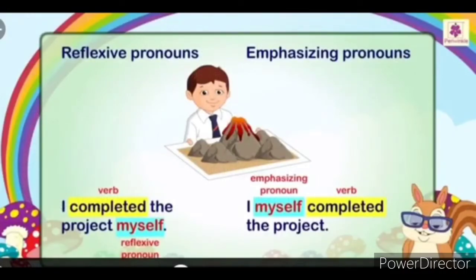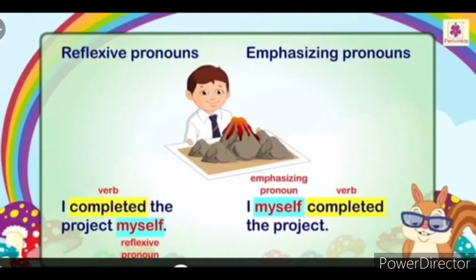Children, look at another example for reflexive and emphasizing pronoun. See here the example for reflexive pronoun first. I completed the project myself. So, here the verb is there and the object is the reflexive pronoun myself. Here in this example, myself is a reflexive pronoun that is acting as an object in this sentence, followed by the verb completed.